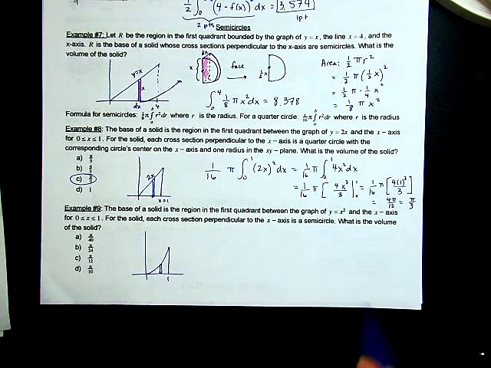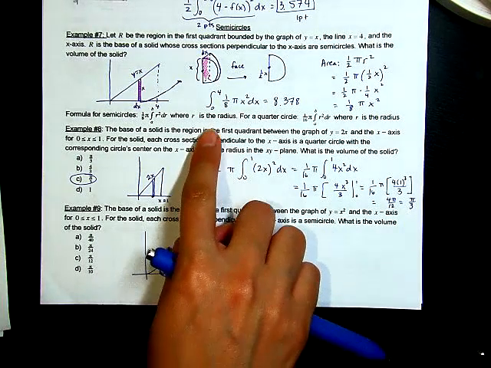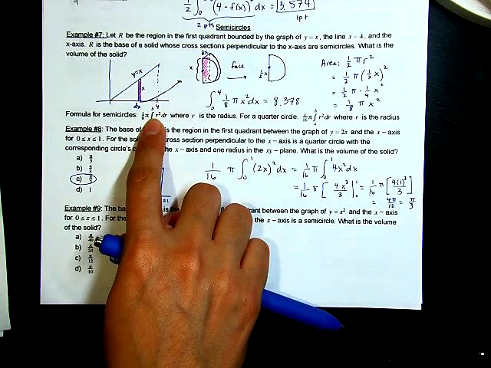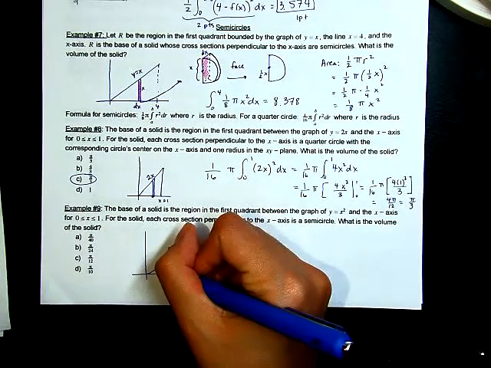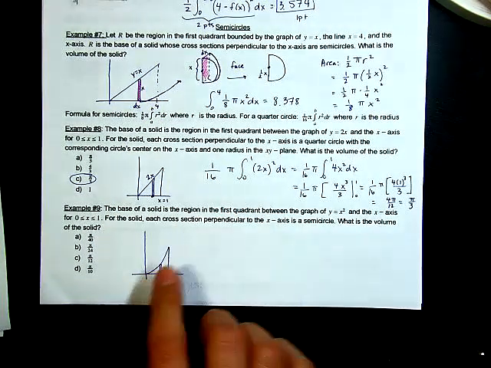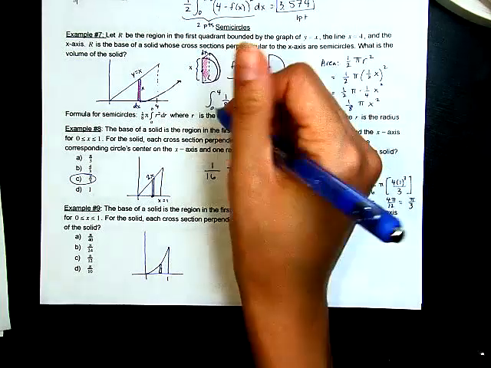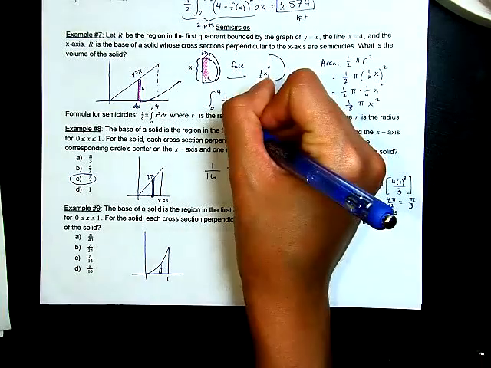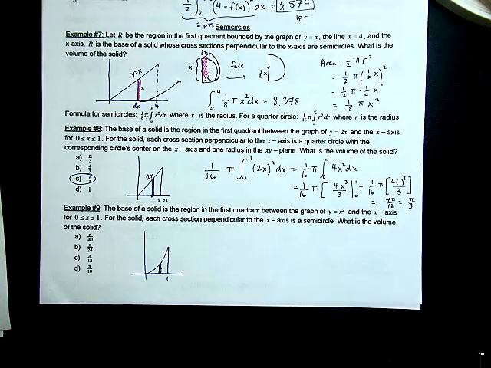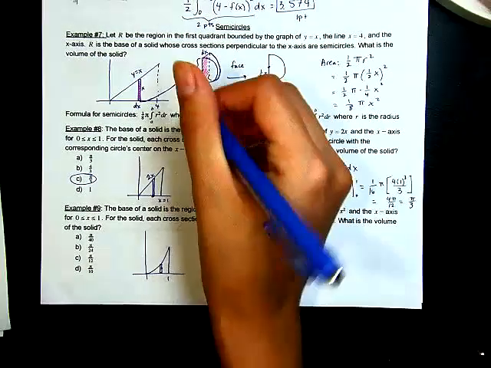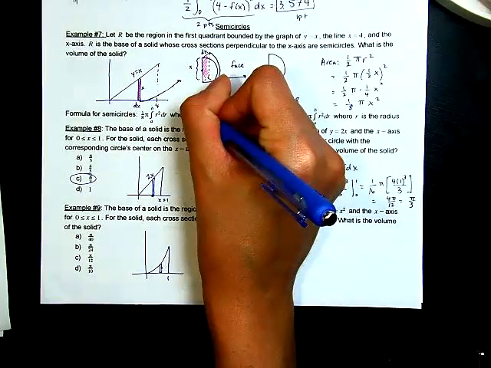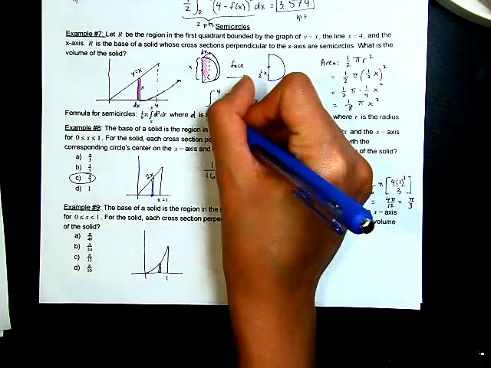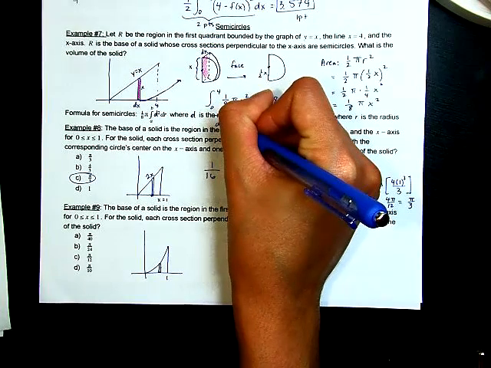So again, when we use this formula, the radius would be half of this, but I believe this should be more of the height of the whole semicircle, in other words, the diameter. In the quarter circle case, this is the radius, so I apologize about that. It should be more of the diameter. There we go.